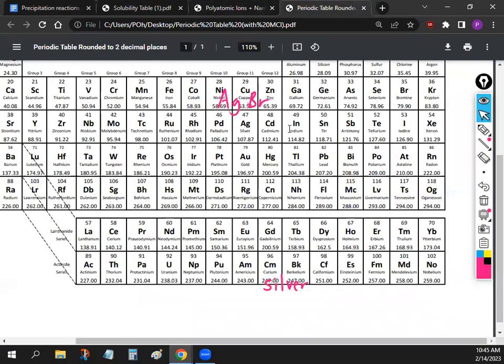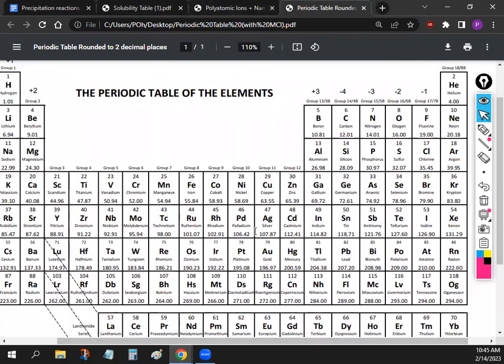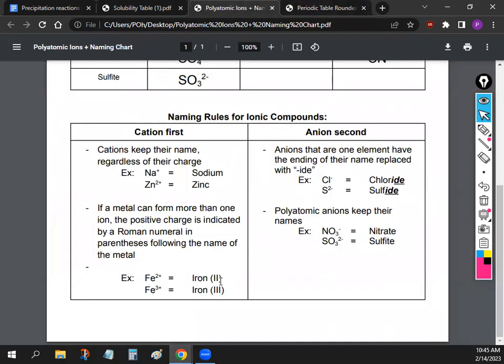If we take a look at the periodic table, silver is in the middle, right? So if silver is in the middle, does it have an MCI? No, right? It doesn't have the number on the top. So if silver does not have an MCI, since it's in this middle section, we have to write the charge in Roman numerals.